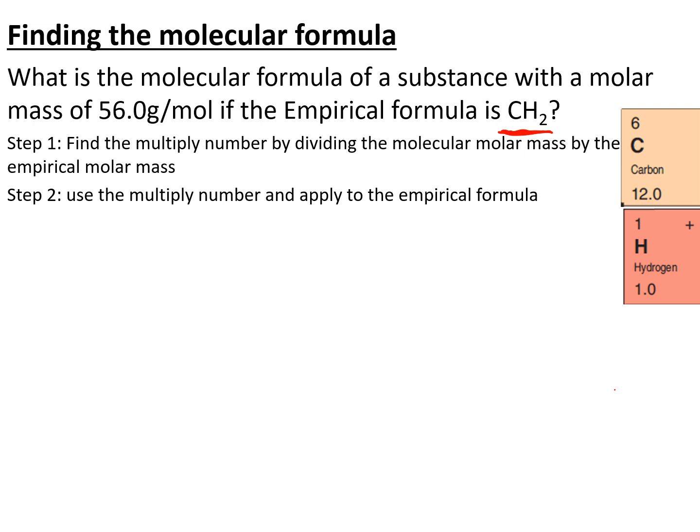So I have two steps here. The first one says find the multiply number by dividing the molecular molar mass by the empirical molar mass. So we're going to write that down and go find the multiply number.